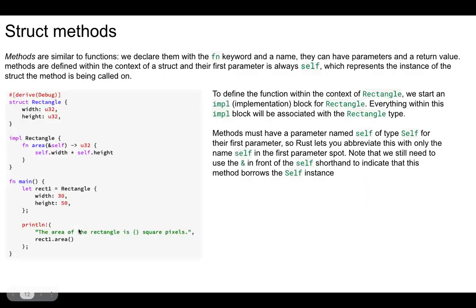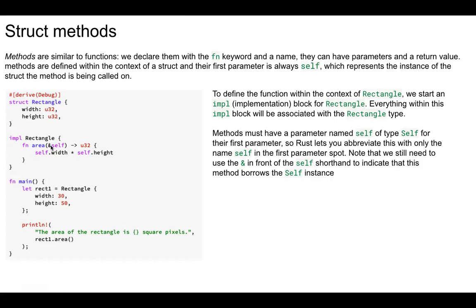Okay, today's lecture is focused on adding behavior or methods to structs. So methods are similar to functions. The keyword to define it is fn, which indicates a function, followed by the name of the function or the method.